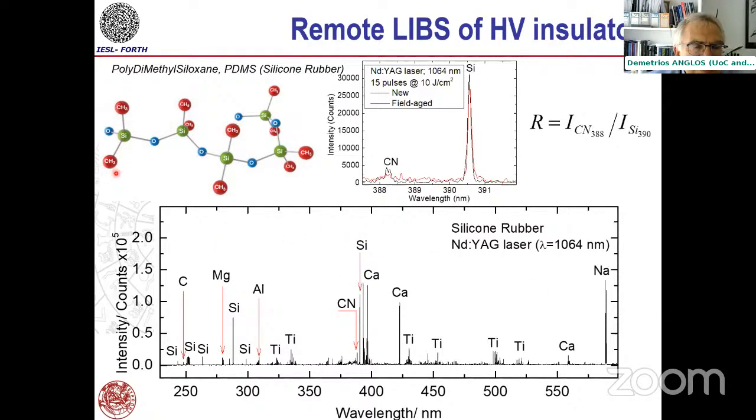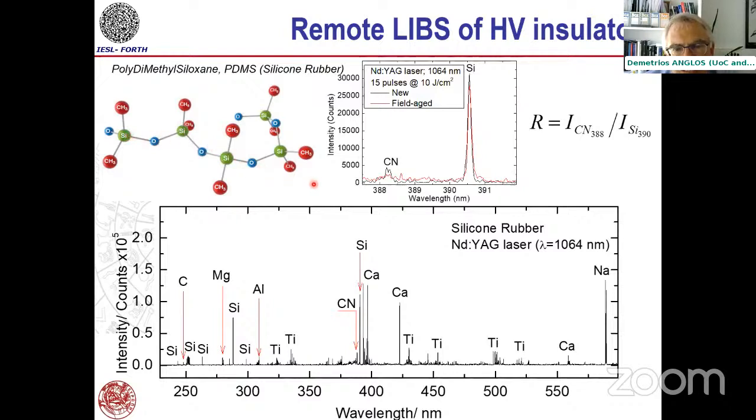As I said, the insulator material is PDMS, or silicon rubber, as they call it. So it's a highly hydrophobic material and a highly insulating material. With the flashover problem, what happens is that some of the methyl groups on the PDMS go away and are replaced by hydroxy groups. So that reduces hydrophobicity, or increases hydrophilicity. This is something that we need to be able to monitor from far away.